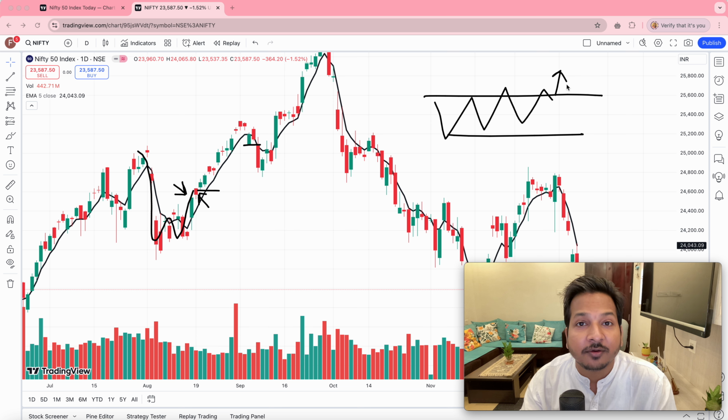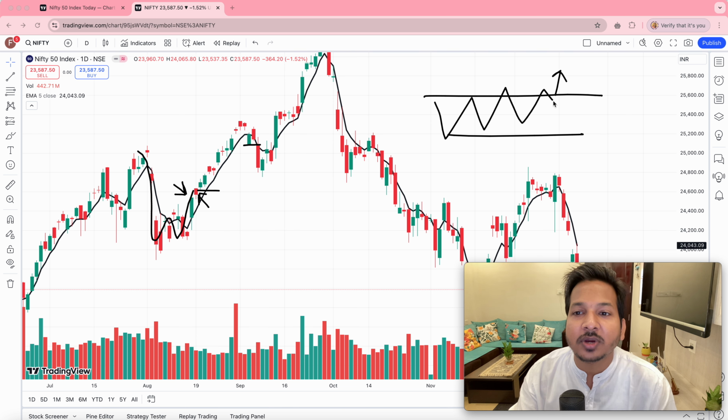Now you don't know where to exit. You may exit early and that option would have gone 3-4 times. So you can simply apply 5 EMA and make a rule that whenever this 5-minute candle gives a closing below 5 EMA, I will get out. So this is one system you can make with 5 EMA. This shows very strong momentum.